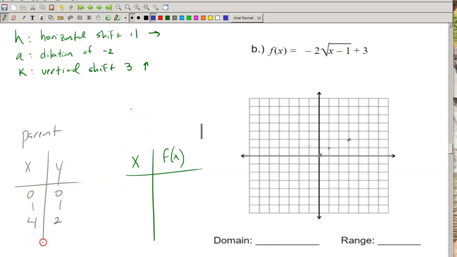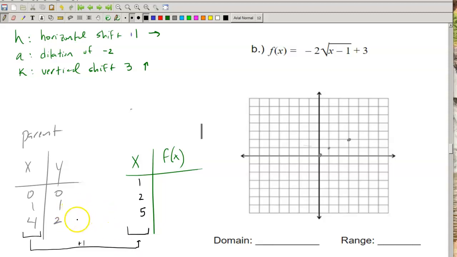So if I look at my parent function to the new graph, these x values going to the new x values are basically all going to be adding 1 to it. I have this +1 because my h value is +1. I'm shifting the whole graph to the right 1. So these x values are not 0, 1, and 4 anymore. If I'm going to translate those, that's 1, 2, and 5. I'm just adding 1 to the x values.